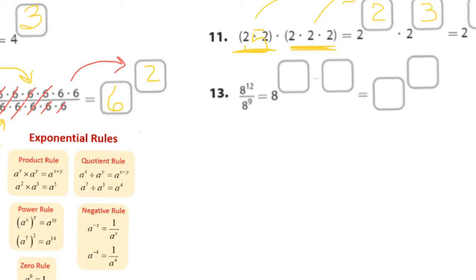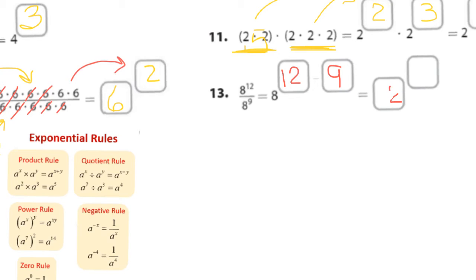All right, so here we are. 8 to the 12th divided by 8 to the 9th. Here they have a much shortened version. They just want you to show that you're subtracting those exponents. So let's show that we're going to take 8 to the 12th minus 8 to the 9th. Nope, pardon me.